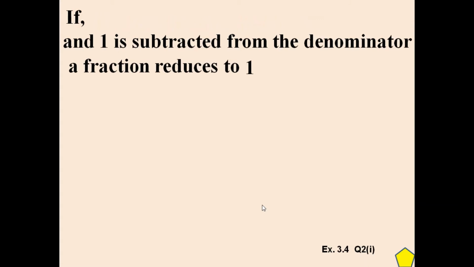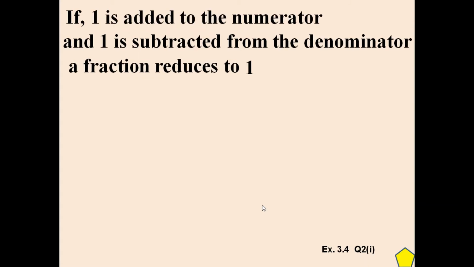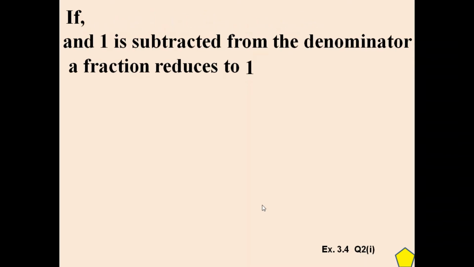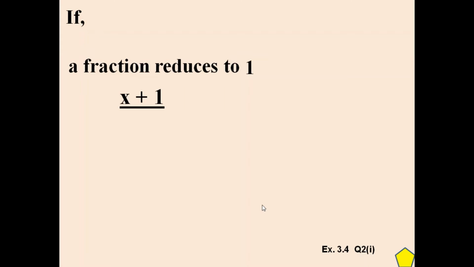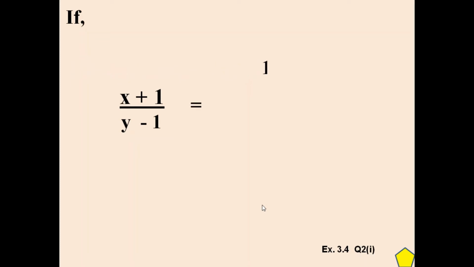So again we've got a fraction here. If 1 is added to the numerator and 1 is subtracted from the denominator, a fraction reduces to 1. This becomes equal to, and whatever comes after that is 1.